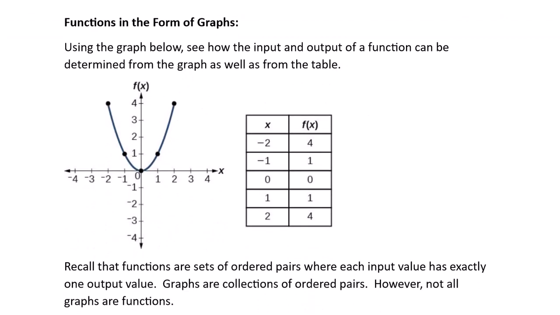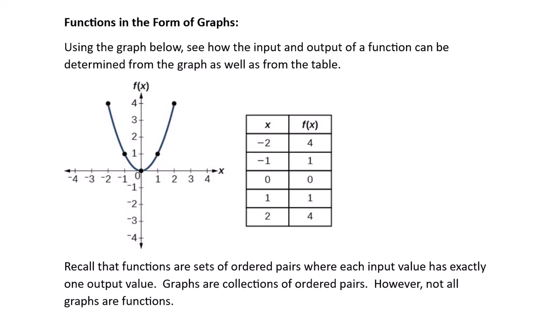Functions in the form of graphs. Here we have a graph of a nice function, and we can see the input and output in the table. Okay, so you see -2, 4, -1, 1, 0, 0, 1, 1, 2, 4.